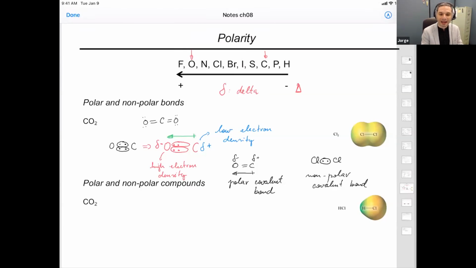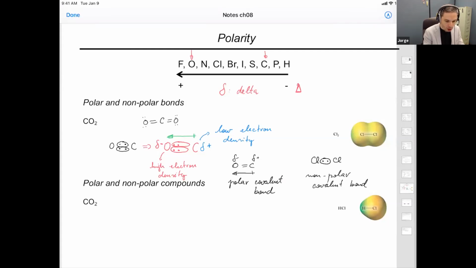Oxygen is more electronegative than carbon, therefore it will pull the pair of electrons close to itself compared with carbon. That results in an accumulation of the electrons close to the oxygen and a deficiency of electrons close to the carbon.